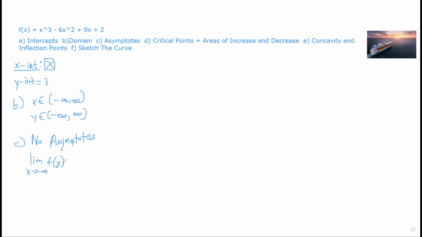But I will just indicate that as x goes to negative infinity, the function will go to negative infinity. And as x goes to infinity, the function will go to infinity.